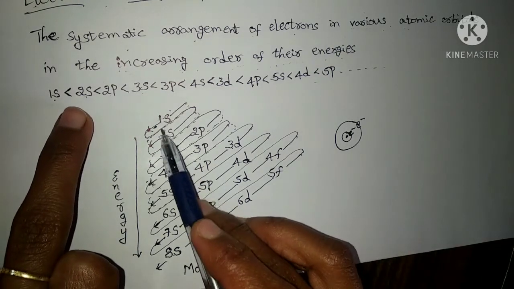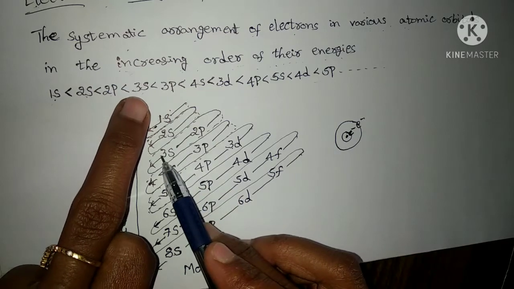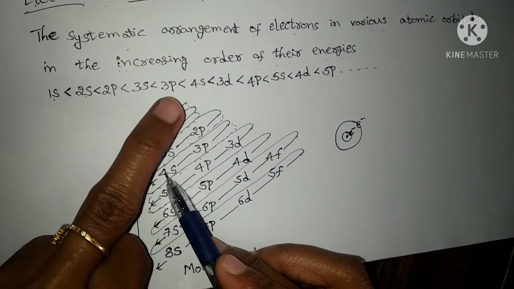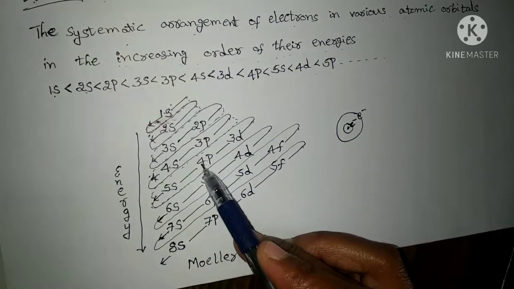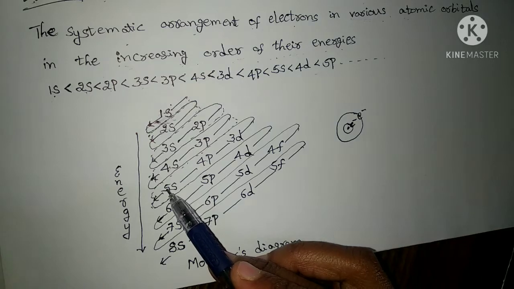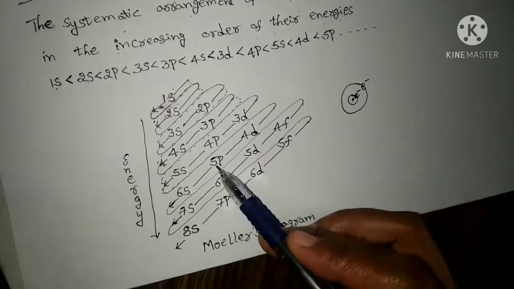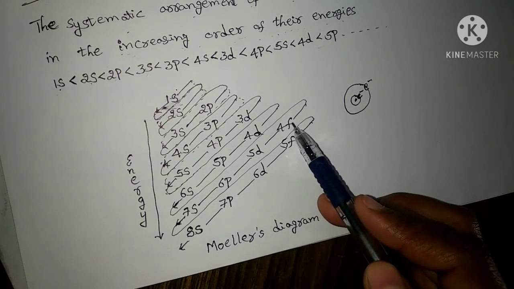See here, 1s. After this, 2s. After 2s, 2p. After 2p, 3s. After 3s, 3p. After 3p, again 4s. After 4s, 3d. After 3d, 4p. After 4p, 5s. After 5s, 4d. After 4d, 5p. After 5p, 6s. After 6s, 4f has more energy.